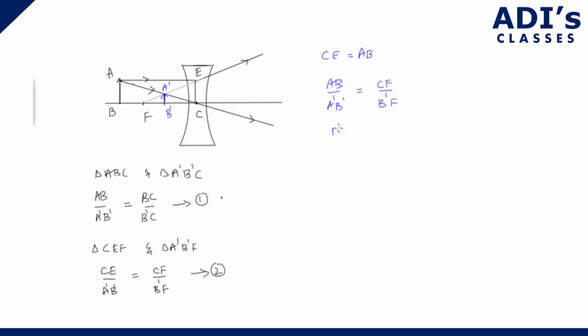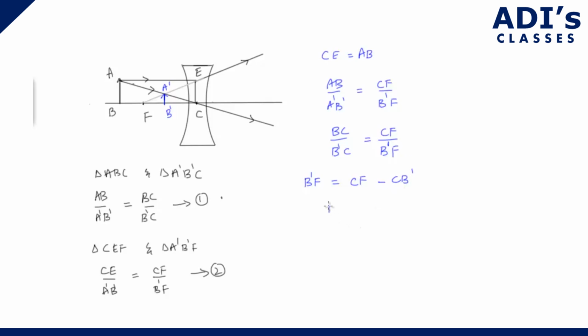Now BC, B dash C, CF, these are all known. B dash F will be nothing but CF minus CB dash. So if you substitute, we have BC divided by B dash C is equal to CF divided by CF minus CB dash.